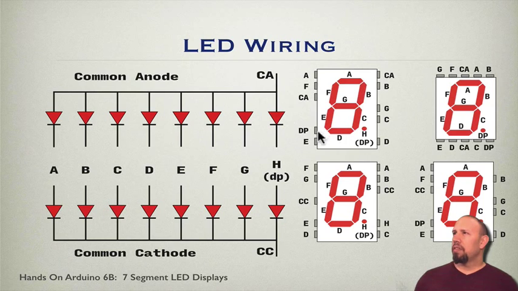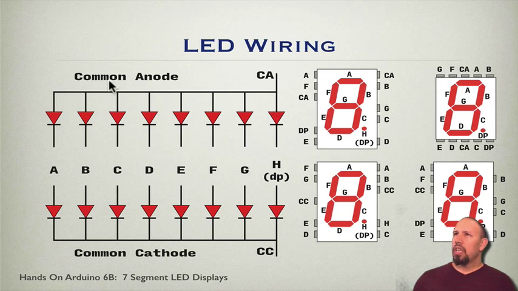The arrangement of the pins is not necessarily related to how the segments are laid out. So A here is the first one. F makes sense, that would be here. B is here. That makes sense. G is here. C is here. D is here, and so forth.